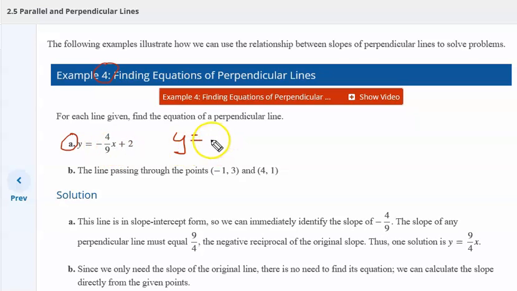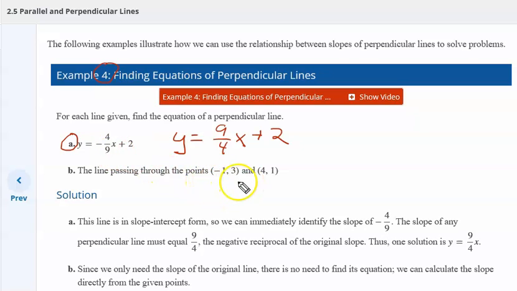So that would be a positive 9/4 x, and we can get it to go through that same point here, plus 2. So this was the easy one when it's in slope-intercept form.